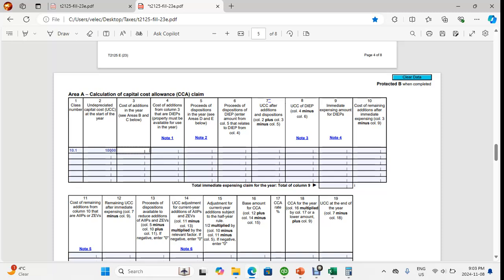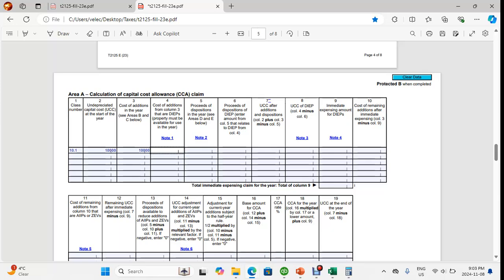You also have websites such as Carfax that may be able to calculate the market price of your vehicle based on your odometer and the specs, the make, model, year, and so forth. Now cost of additions. If you did add a vehicle or a capital property, you will need to add this figure over here. So let's say cost of additions is 10,000.